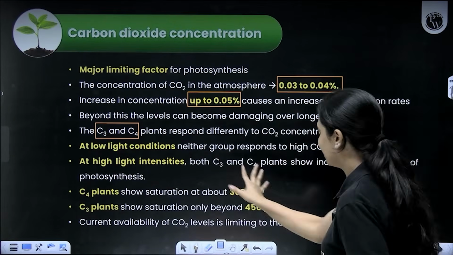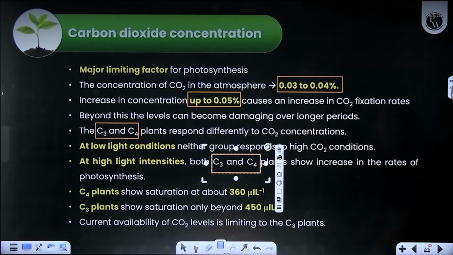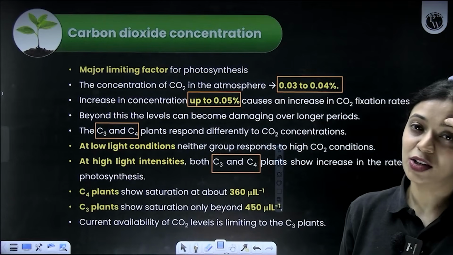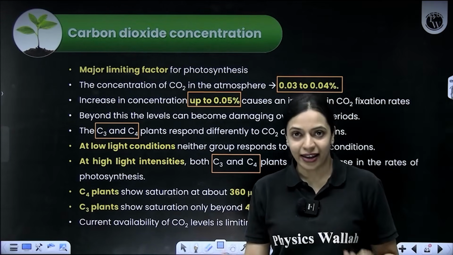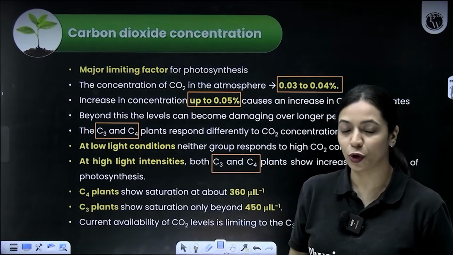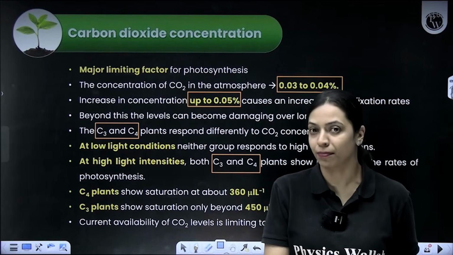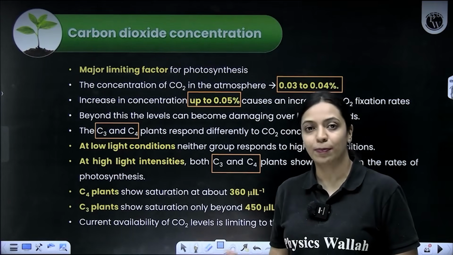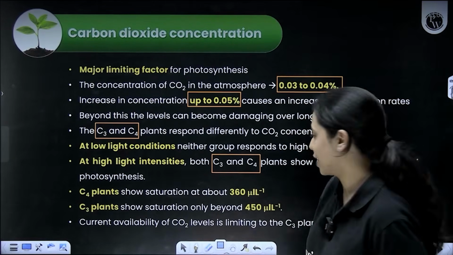But at high light intensities, C3 and C4 plants, both of them will show an increase in photosynthesis. Now, C3 plants have a higher saturation level compared to C4 plants, because C4 plants anyway have their inbuilt carbon dioxide concentrating mechanism in bundle sheath cells, which C3 plants lack. So for C3 plants, you need more carbon dioxide for saturation.